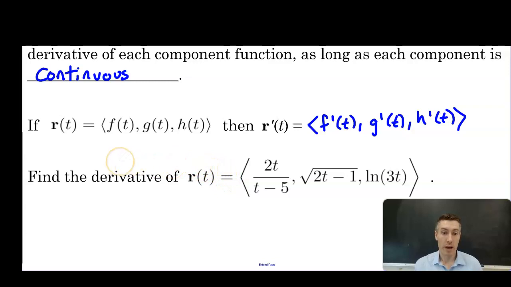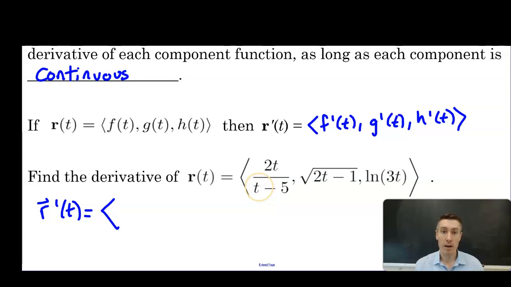So first example, find the derivative of r of t equals 2t over t minus 5, square root of 2t minus 1, natural log of 3t. So we have a few different differentiation techniques that are going to come up in this example. So r prime of t equals, in order to differentiate the first component function, we're going to need the quotient rule.